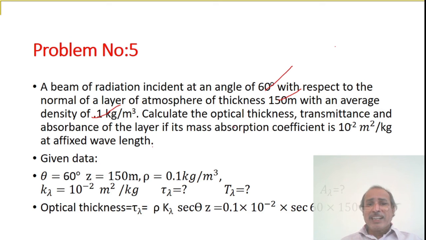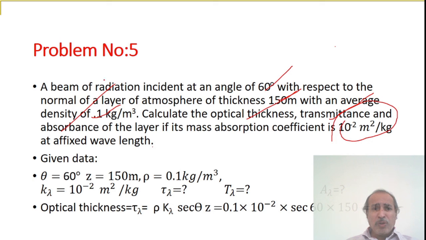Calculate the optical thickness, number 1. Secondly, the transmittance. Third, the absorbance of the layer if its effective mass absorption coefficient, given here, is 10^-2 meter square per kg at a fixed wavelength.